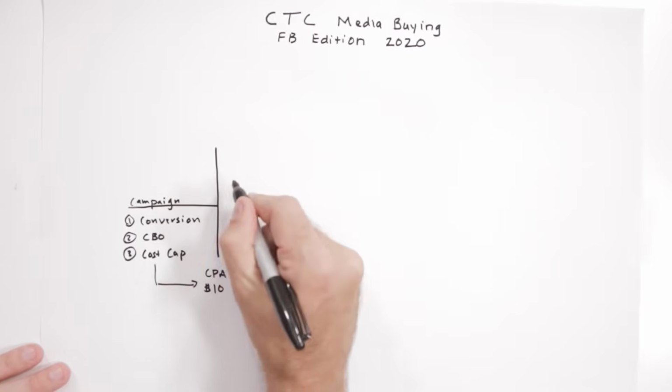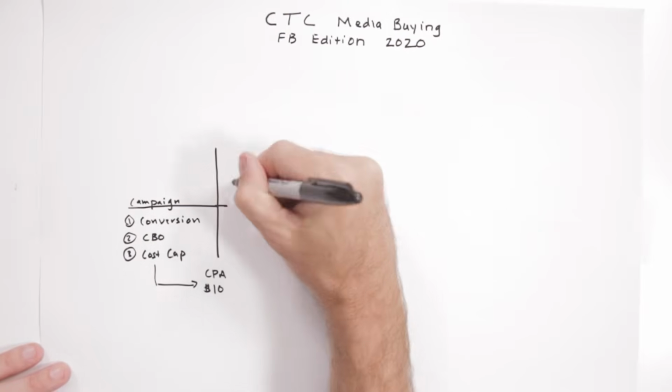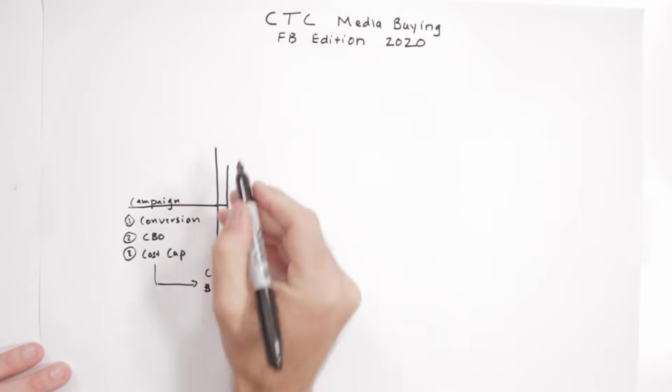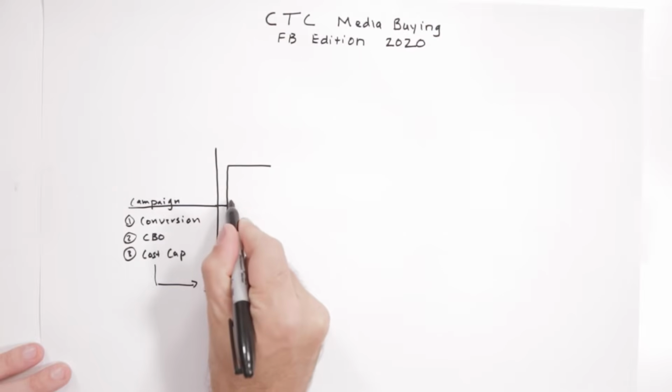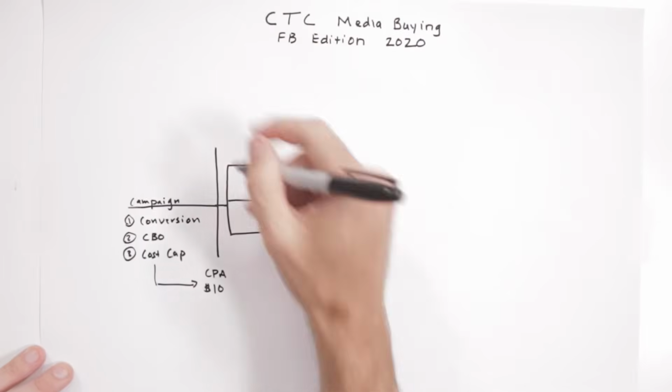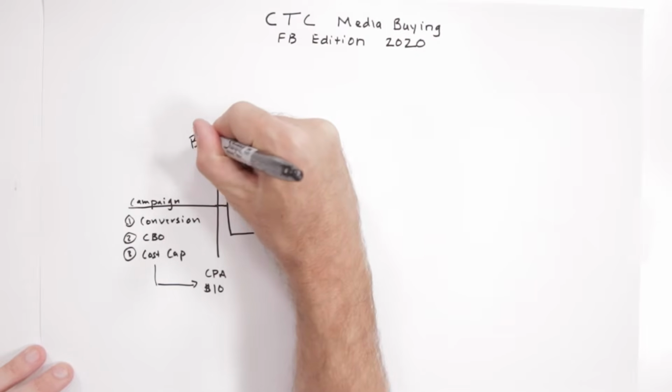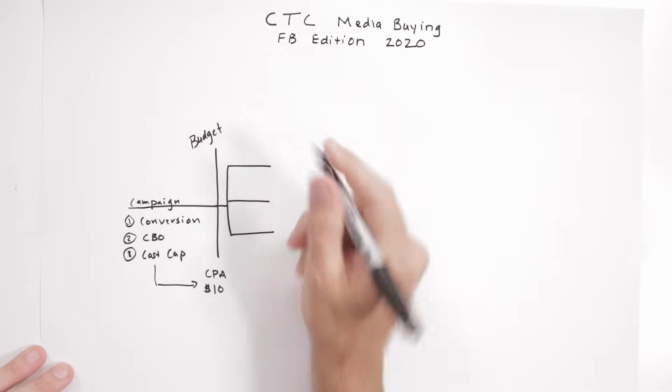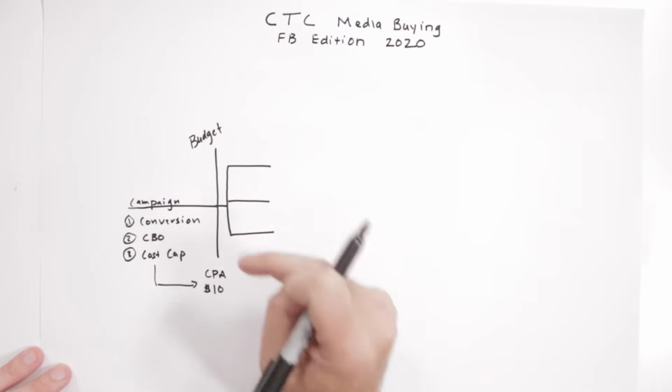So as we go to the ad set level and we think about how we structure our ad sets, the important thing to consider is the ratio between the number of ad sets and your budget, okay? When you set budget in a CBO campaign, it gets set at the campaign level, right?